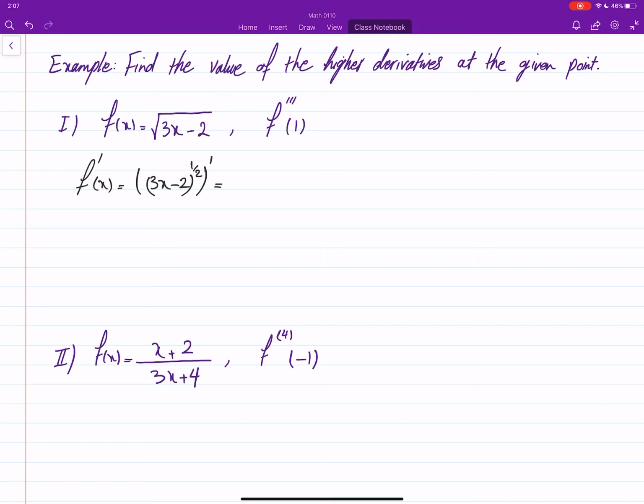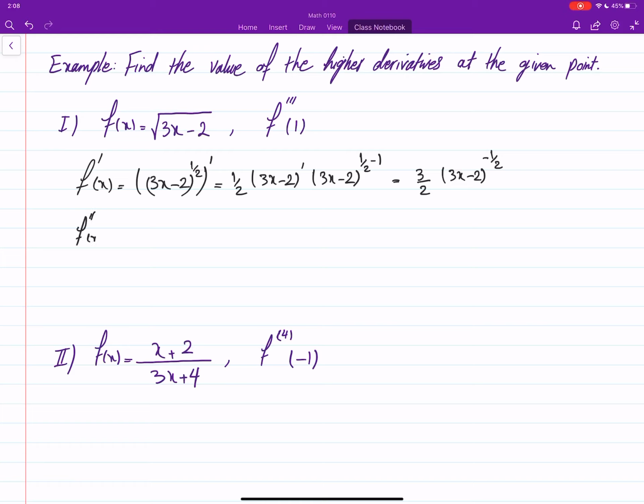And well, this is the power rule: u prime times u to the power one less, and that gives us 3 over 2 times (3x minus 2) to the power negative half. You can go ahead and write this with a square root, but since we are going to differentiate and find the other values, let's just keep it that way.